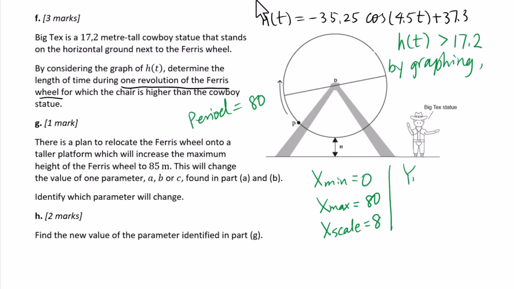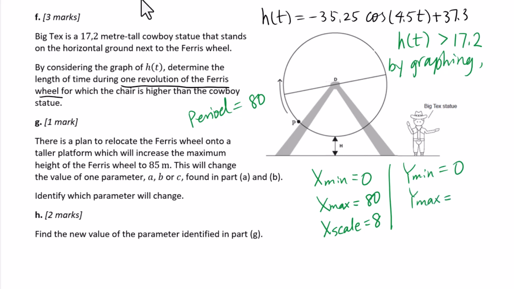For the Y minimum from 0, Y maximum, we know the maximum value is 72.55. We can use 80 or 90 or 100. It's really up to you. Let's use 100 here. Then Y scale equals 10.